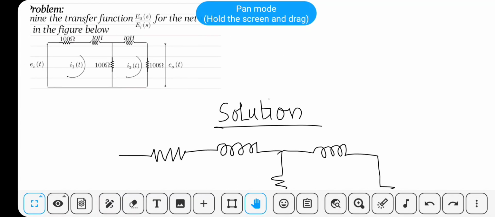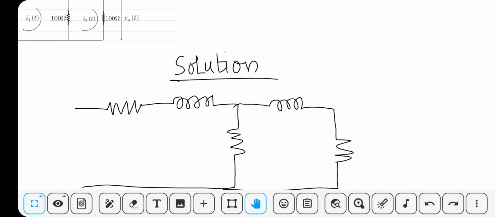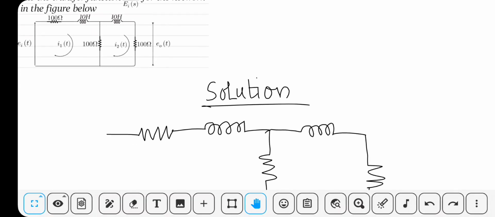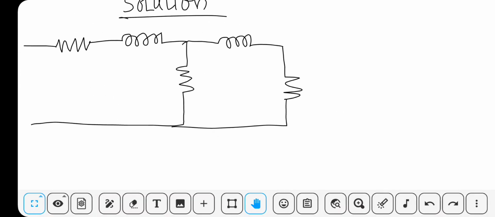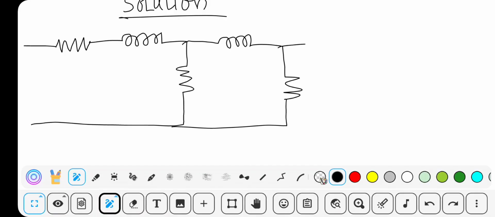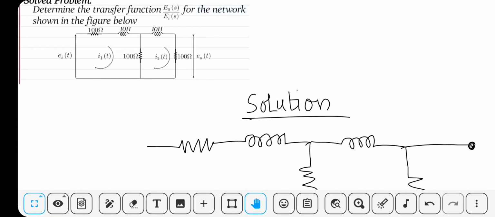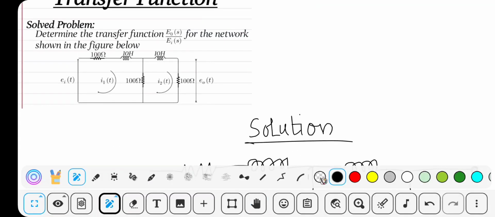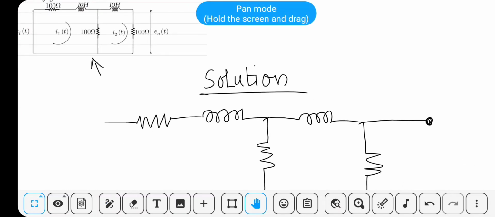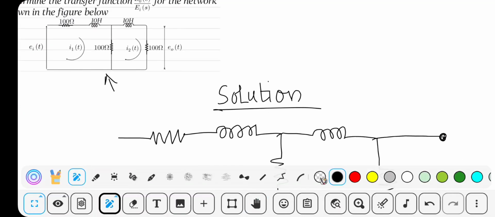So now this is how the circuit looks, but I'm going to add something in order to use my method. This is the same thing as this circuit here.